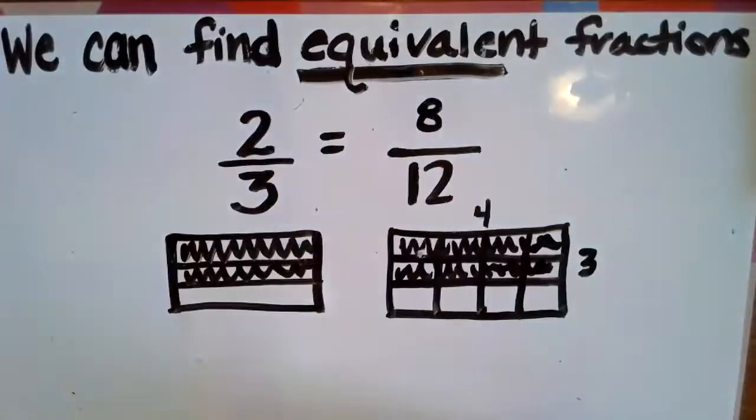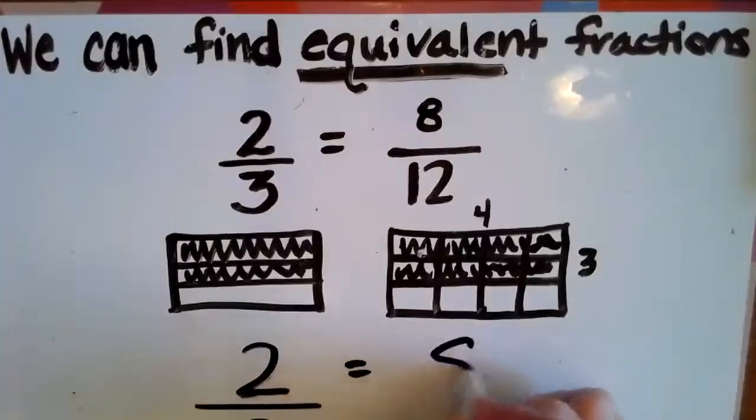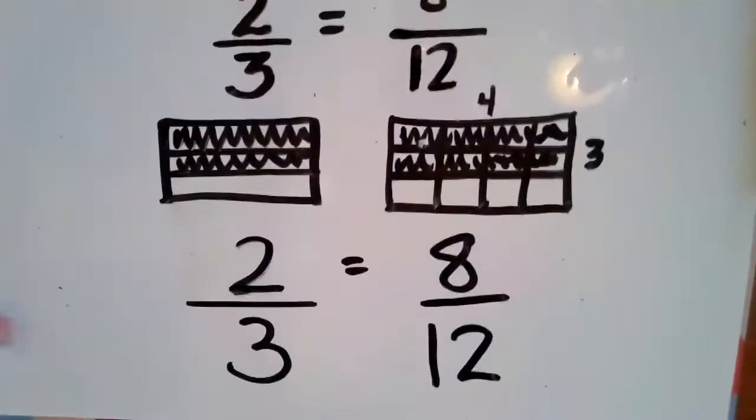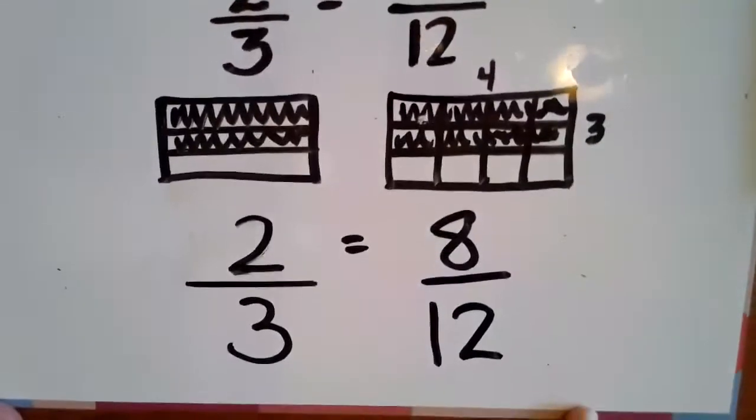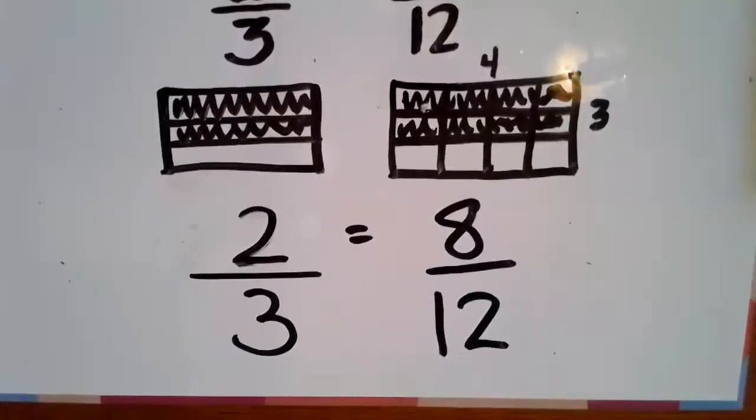I'm sure you're all wondering, do we have to draw a model like this every time we need to find an equivalent fraction? The answer is no. Let's learn the steps for finding an equivalent fraction without a model. I want to work with my same equivalent fractions again, and I'm now going to look at what happened here.